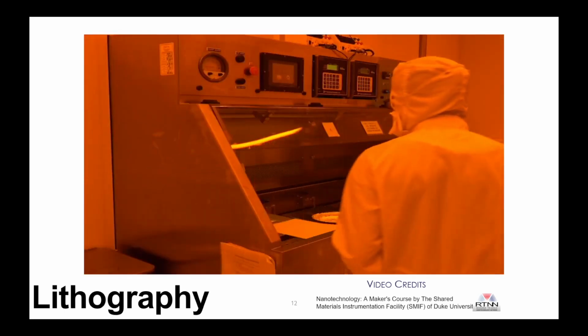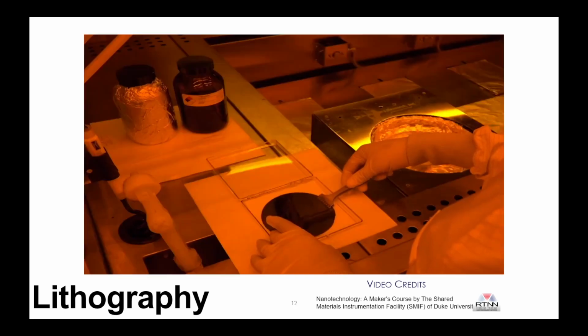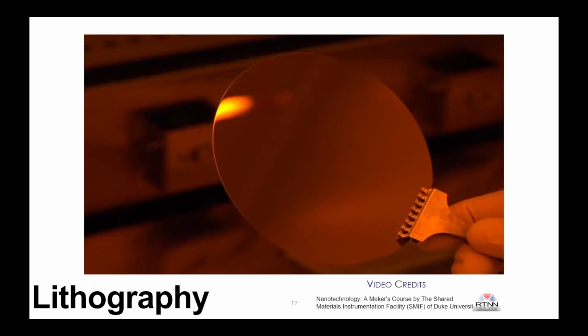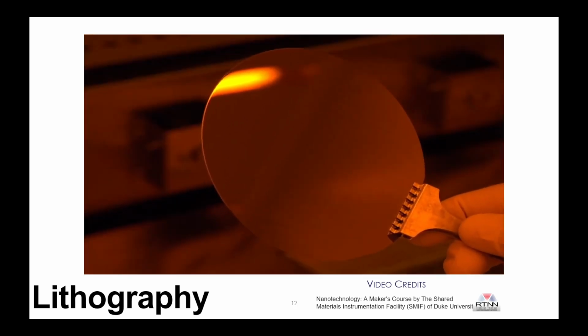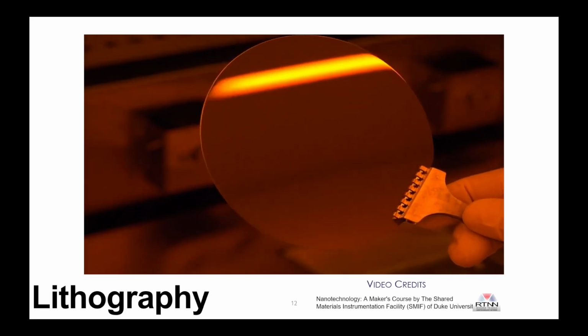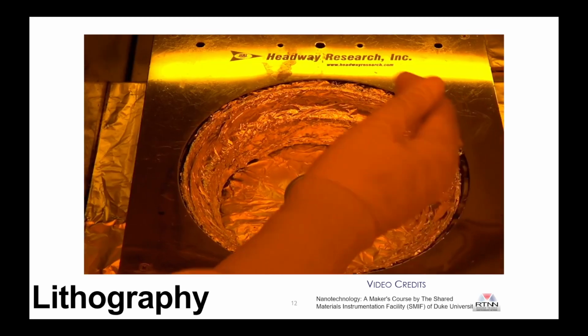This is a 6 inch wafer. The size of the wafer is very large, and you can see that it is clean. You have to take the tweezers and hold the wafer, otherwise it will break or impurities will be added.